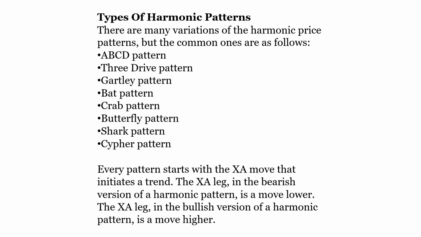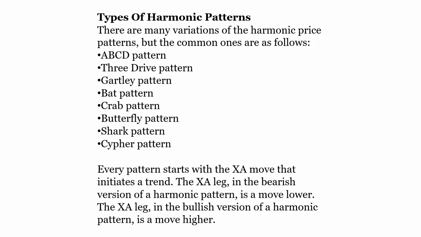There are many variations of the harmonic price patterns, but the common ones are as follows. There is the ABCD pattern, three drive pattern, Gartley pattern, bat pattern, crab pattern, butterfly pattern, shark pattern, and the cipher pattern. Every pattern starts with the XA move that initiates a trend. The XA leg in the bearish version of a harmonic pattern is a move lower.